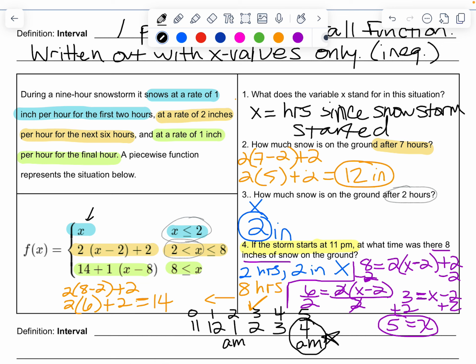How many hours since the start of the snowstorm? It's 5 hours. What time is it? And again, that's what's being asked here, what time is it? The time would be 4 a.m. because that's 5 hours after 11 p.m.